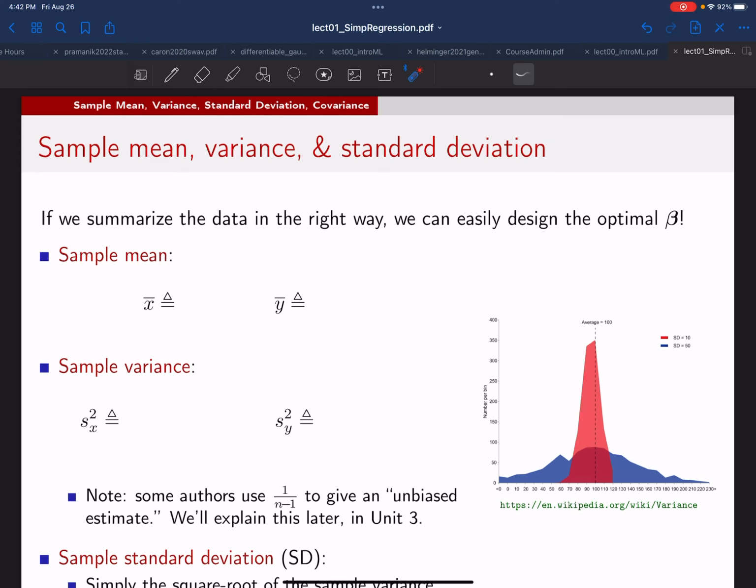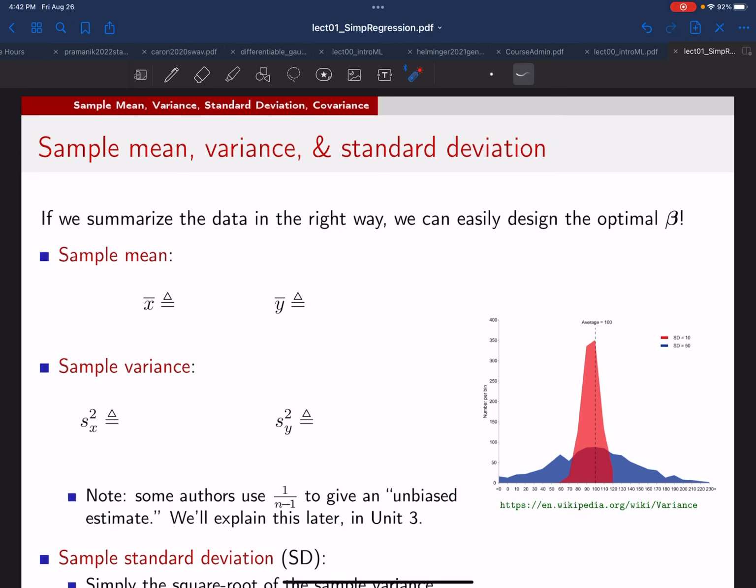For this problem, your data set could have millions of samples, potentially. But if you know what you're doing, you can boil all that data down to 5 numbers, and with those 5 numbers, you can solve this problem optimally. Those 5 numbers are just particular statistics: mean, variance, and covariance. That's it. So let's talk a little bit about these summaries of the data.